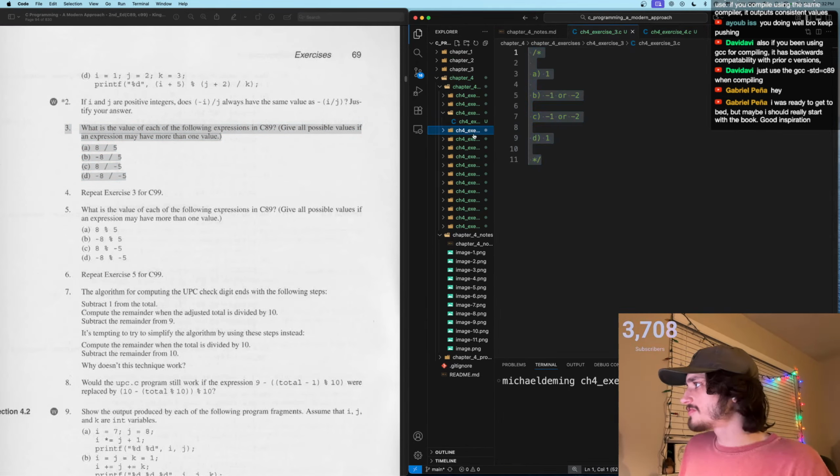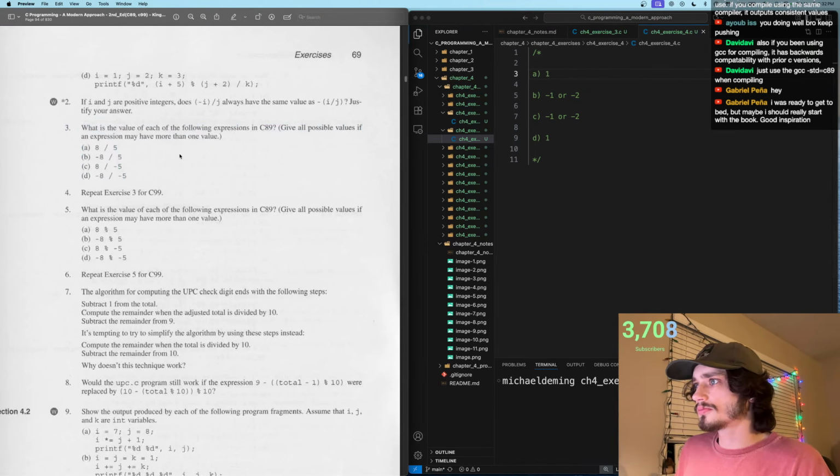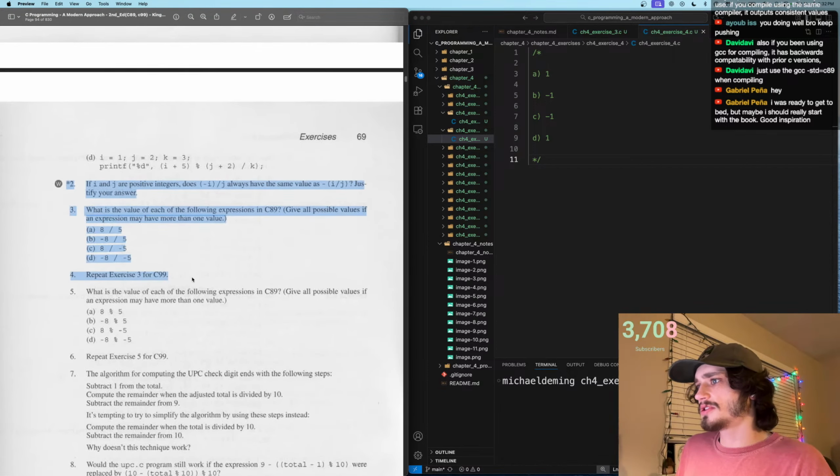So this will always truncate toward 0 in C99. So this one will go -1, -1, -1, and 1, right? It'll always truncate toward 0 in these cases, correct?